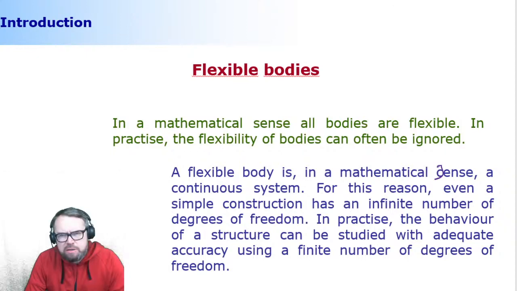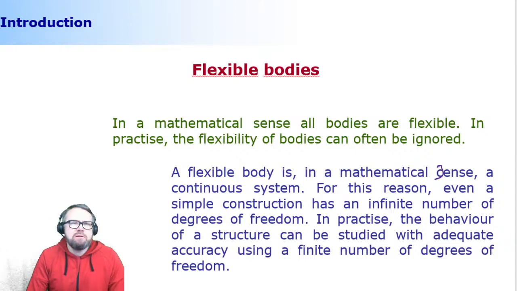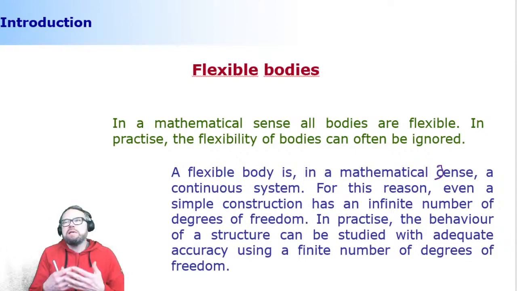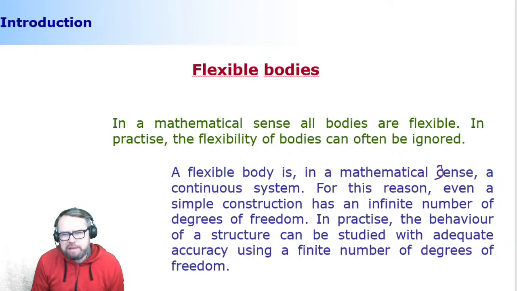But the big question is when the deformation is significant enough that it affects the dynamic performance. And of course, you want to model deformable bodies in order to increase the accuracy of your models. So you may get unrealistic behavior if you're not taking the deformation of your bodies into account.